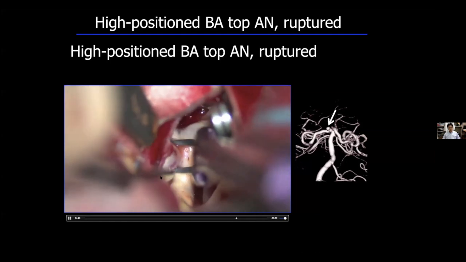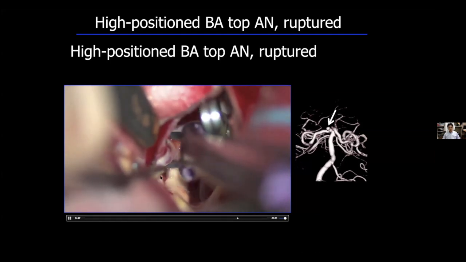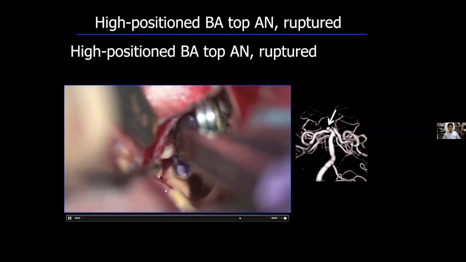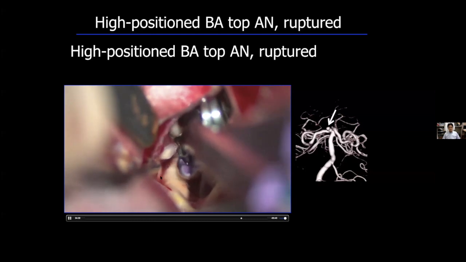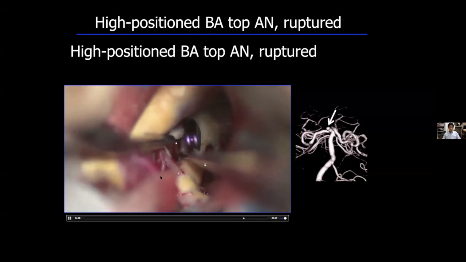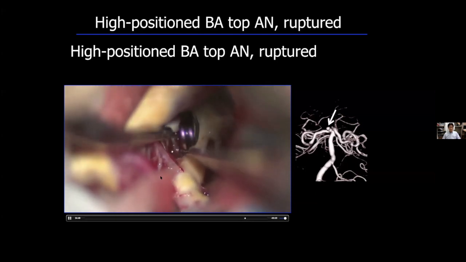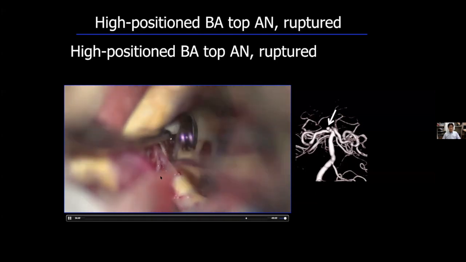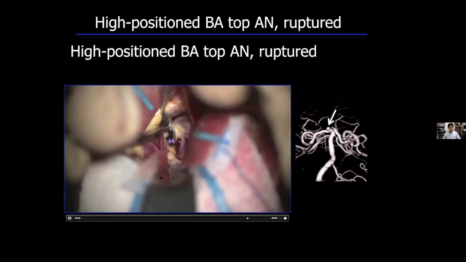And I insert the small mini curved clip here. Once you create a wide ample space here, the clipping is not formidable, not difficult. The perforators are preserved and they look good.